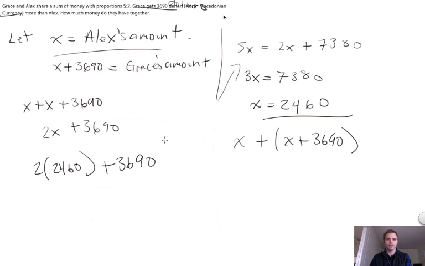This is going to give us 4,920 plus 3,690, and then that is going to give us 8,610. Let me check my work here.